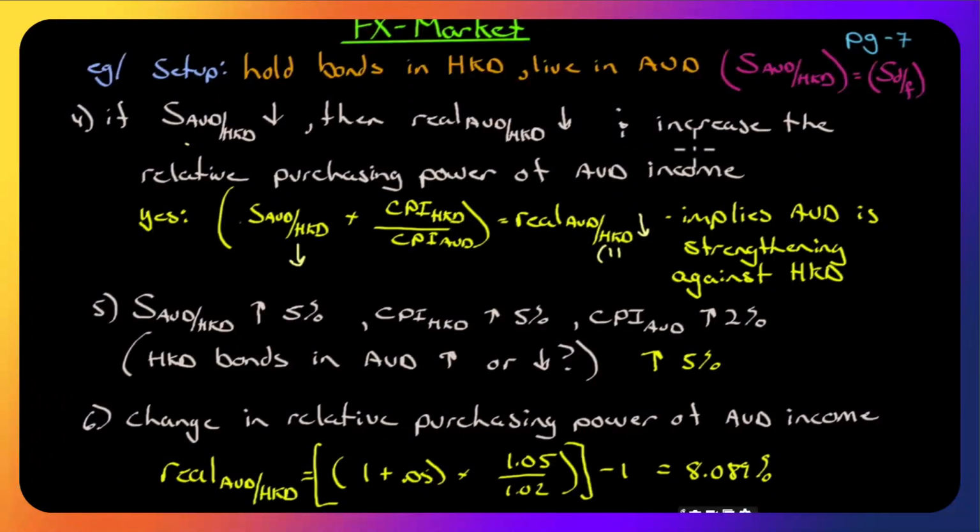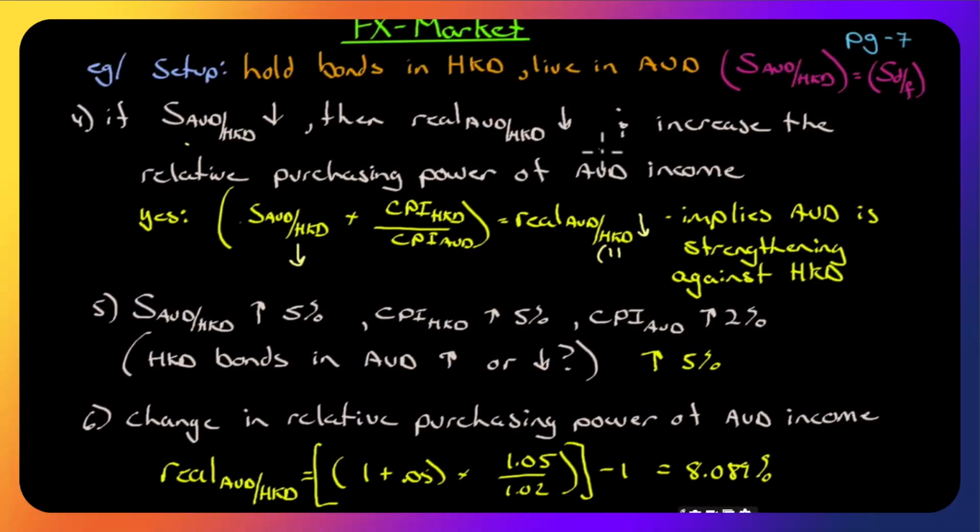Does the second part make sense? Increase the relative purchasing power of Australian income? It certainly does. Because given a constant income from paycheck to paycheck, if the real exchange rate is dropping, that constant paycheck buys more and more goods and services denominated in Hong Kong dollars. It implies the Australian dollar is strengthening against the Hong Kong dollar.